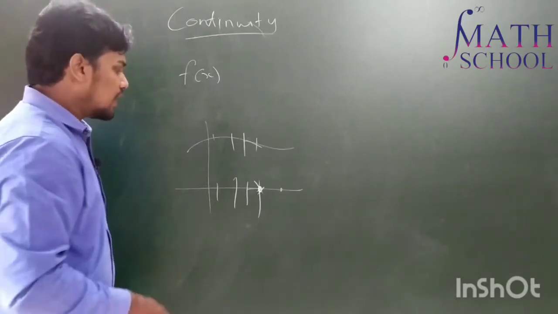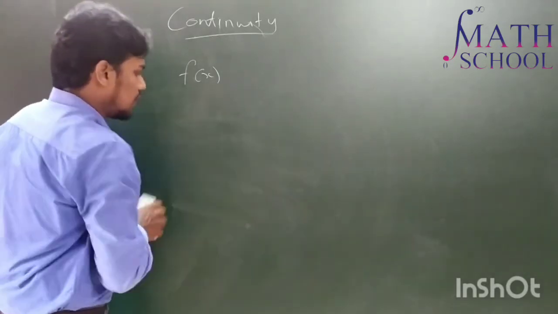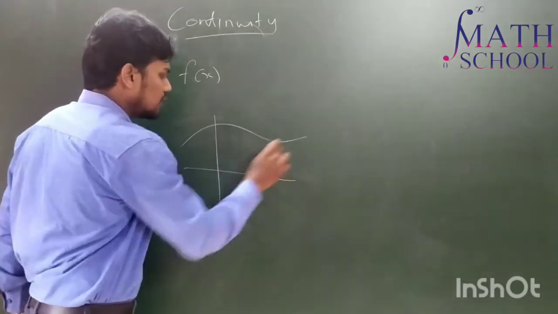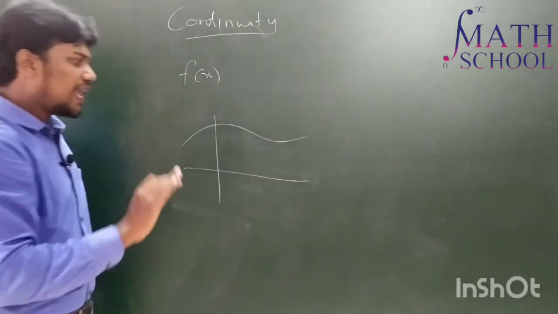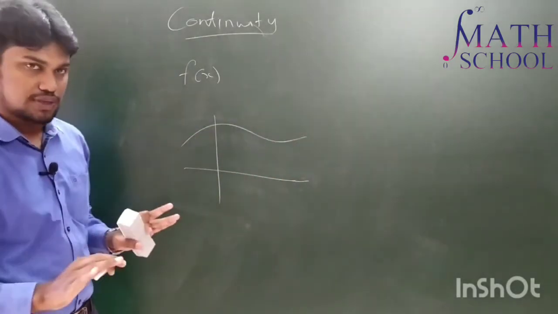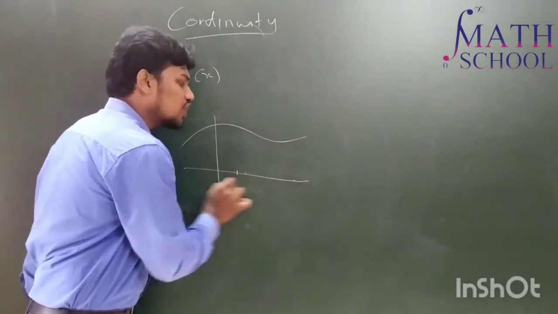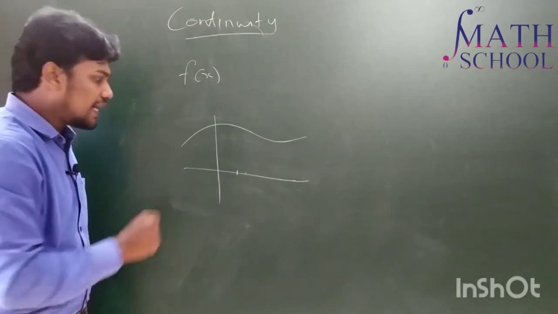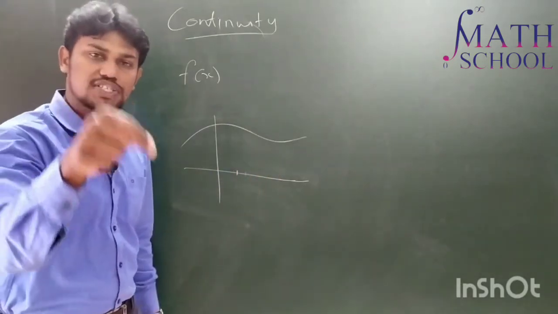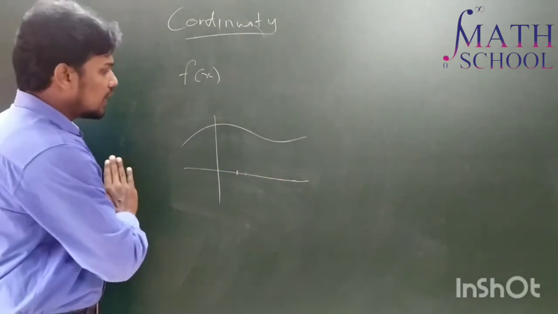Now suppose your function is given within this domain. When can I say the function is a continuous function? You check the continuity of the function at every point of the domain. If your function is continuous at every point, then I can say the function is continuous in the whole domain.